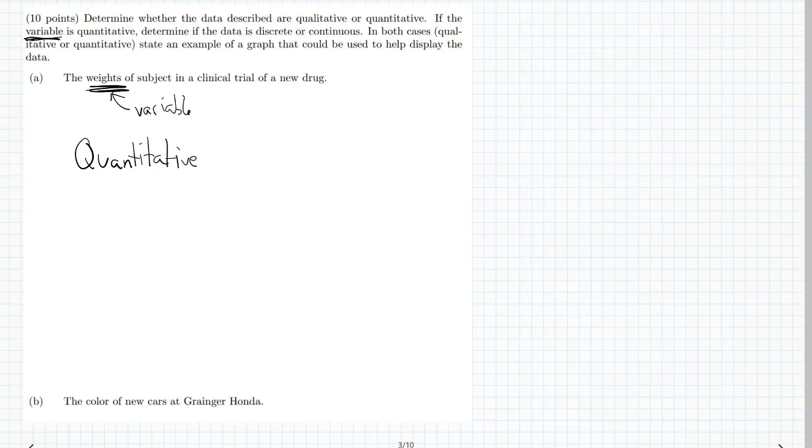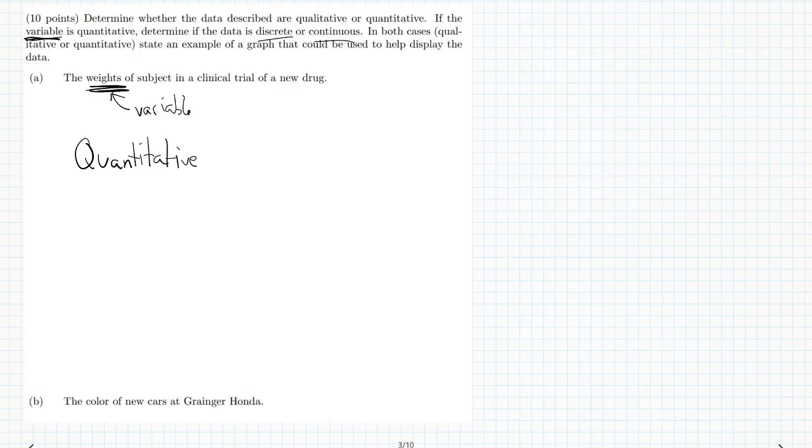Now, since it's quantitative, we got to determine, is it discrete or is it continuous? Okay, well, let's think about it. Weight, as we mentioned before, does it stop at a number, or can we keep on going more and more precise? So for example, would 150.7 pounds be a valid answer? Well, yes, it could. Could 150.9 pounds be an answer? Yes.